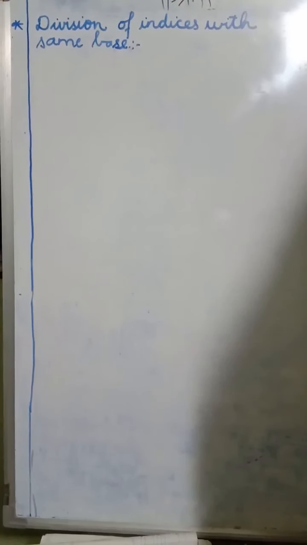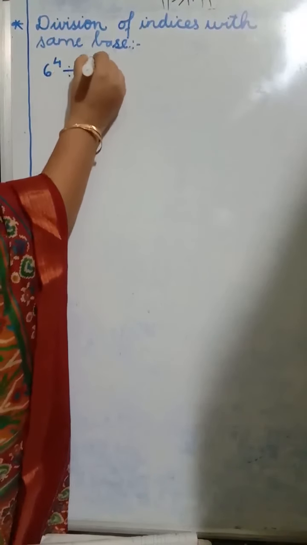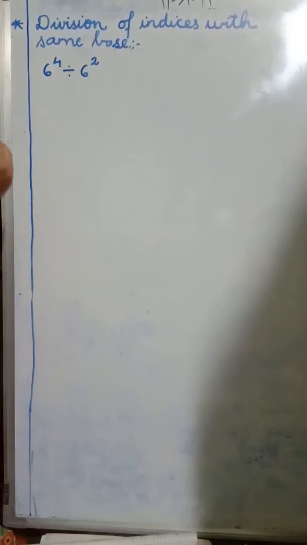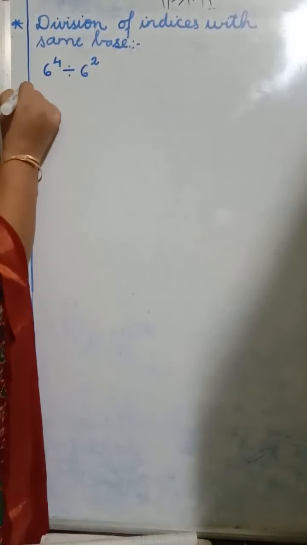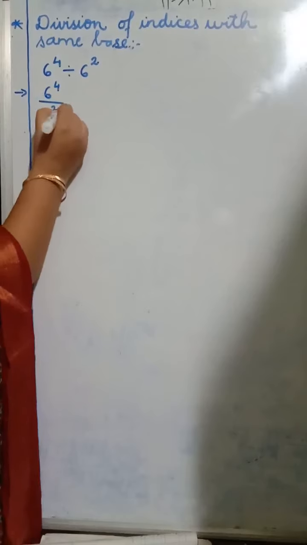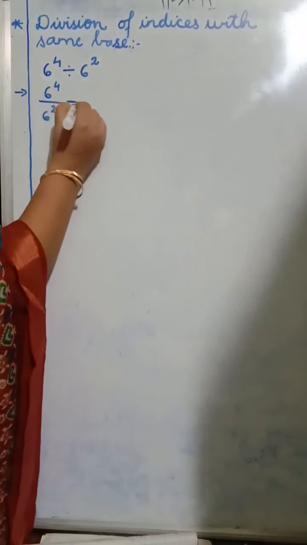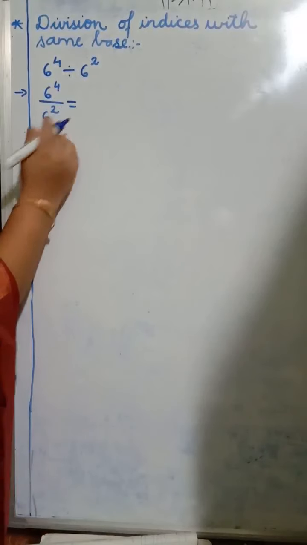So now we'll start with the point, that is division of indices with same base. So I'll take one example, that is 6 raised to 4 divided by 6 raised to 2. That means we will first write this in numerator and denominator form, that is 6 raised to 4 upon 6 raised to 2. Now I will express this in multiplication form.